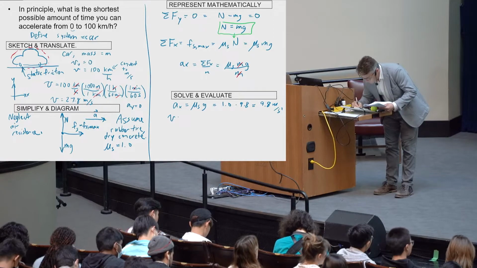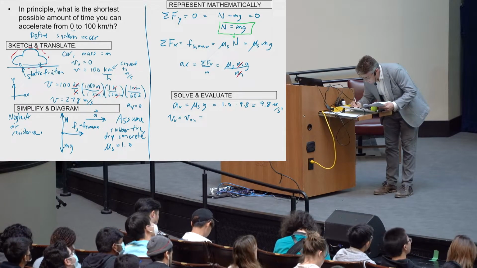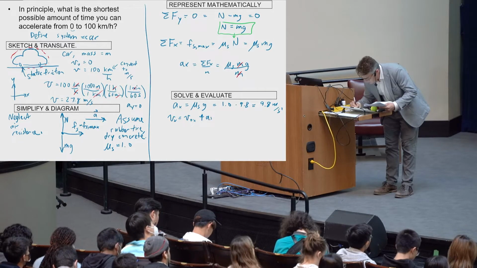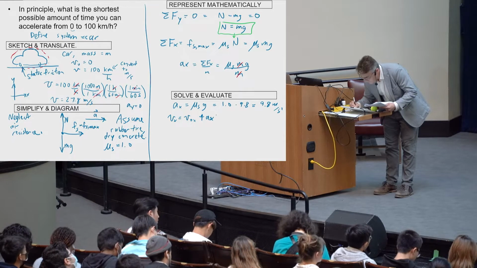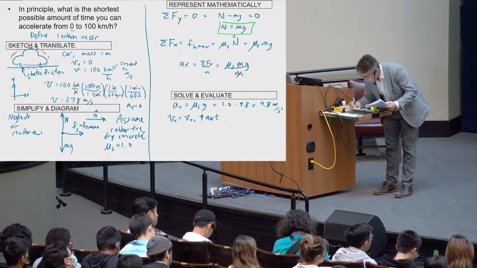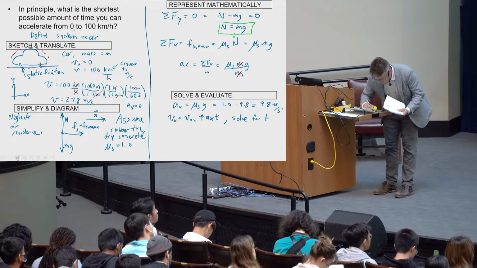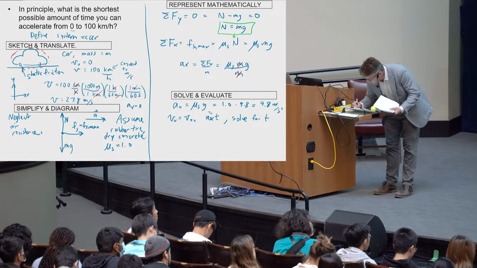And then I can just use v equals v0x plus a sub x times t. I'm trying to solve for t. This is the worst handwriting in the world. Let me try that again.